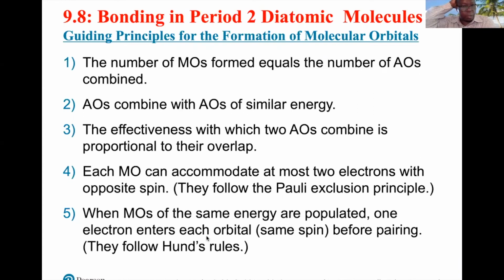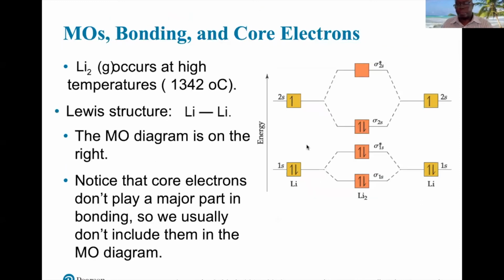So they will singly occupy each orbital. We will see that in determining what we call diamagnetic and paramagnetic.